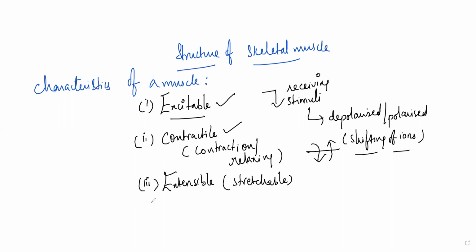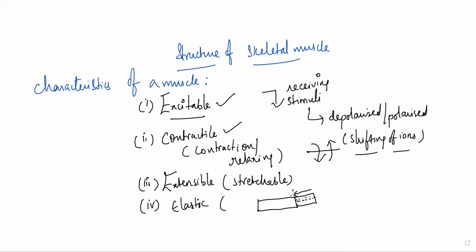Next, they have to be elastic. What is elastic? For example, children, if this is your muscle boundary structure and it gets stretched to this portion, it has to resume back to its original place.